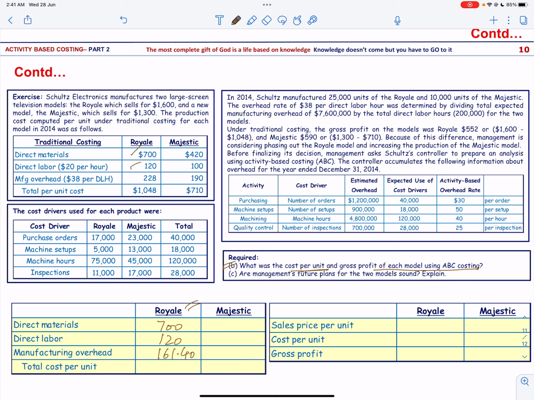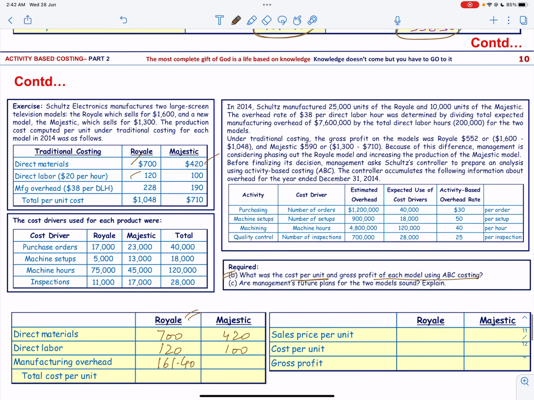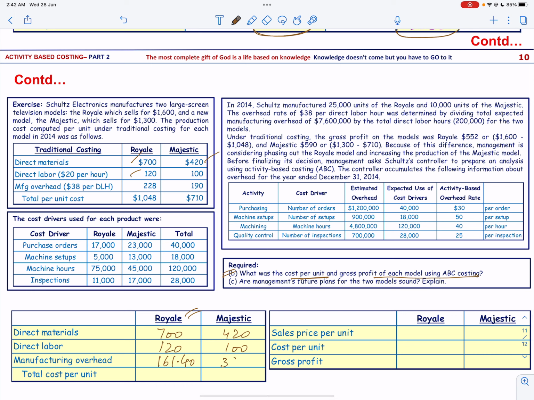For Majestic, the direct material is 420 and the direct labor is 100, and the manufacturing overhead is 356.5. So the total cost per unit for Royal will be 981.40, and for Majestic it will be 876.50.